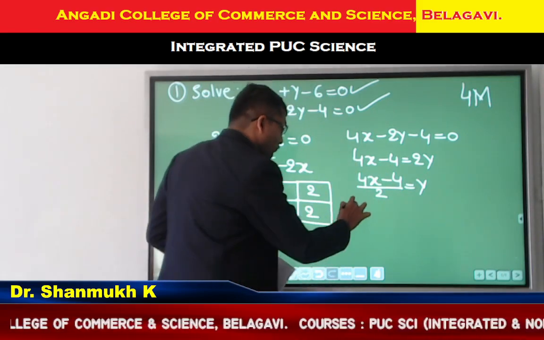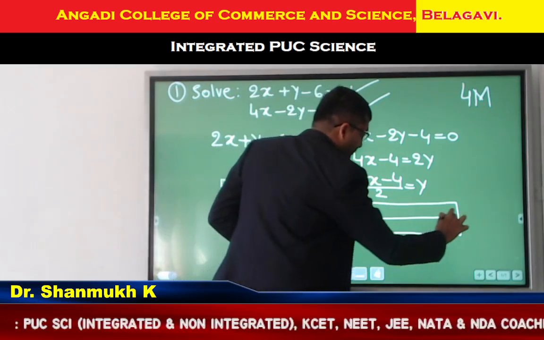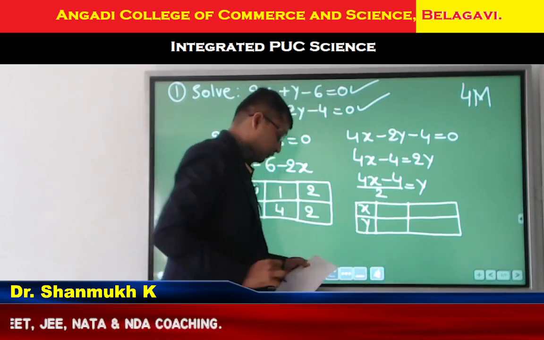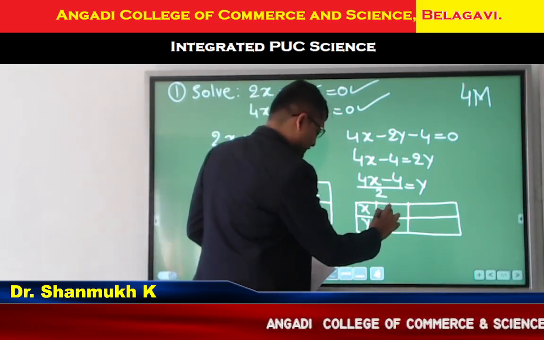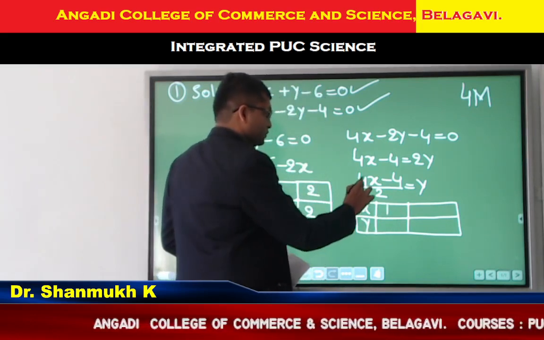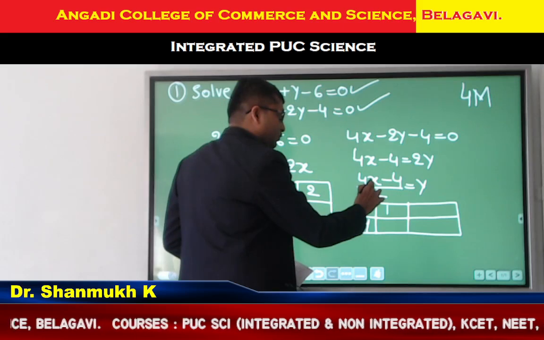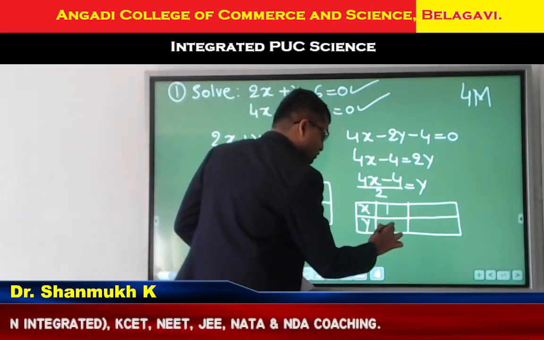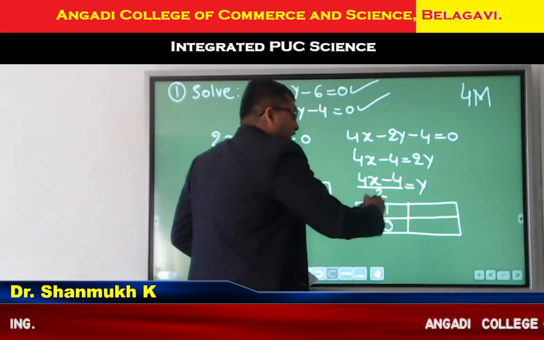Then we tabulate the information. Minimum two values are enough to draw the graph. I am taking the input value as 1 here. If I take x as 1, 1 into 4 is 4, 4 minus 4 is 0, 0 by 2 is 0. Similarly, let us take another value.